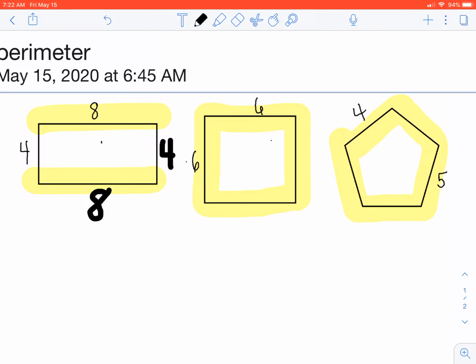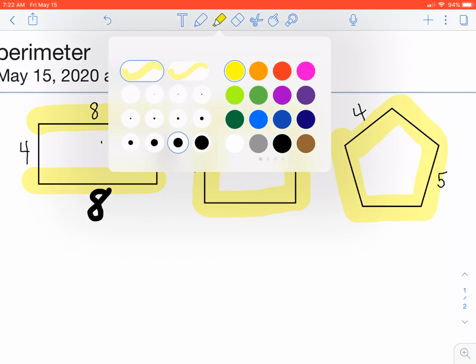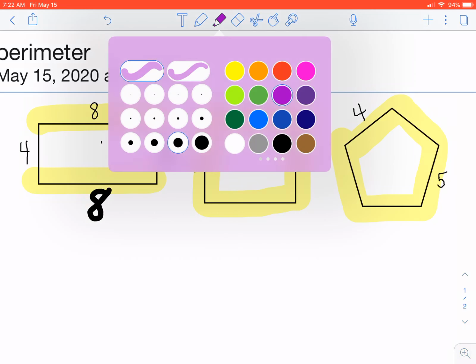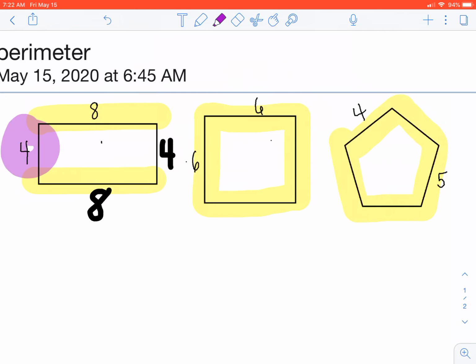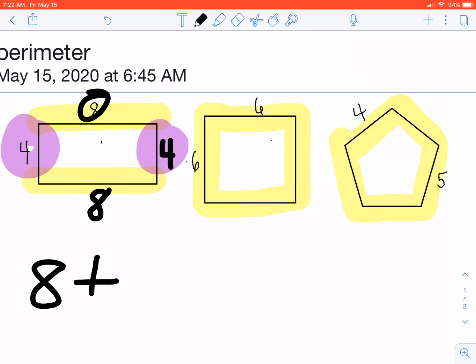So for me, I'm going to add them up like this. I'm trying to get a different color there. There we go. I'm going to add up 4 plus 4, which I know is 8. And then I'm going to add up 8 plus 8, which I know is 16.